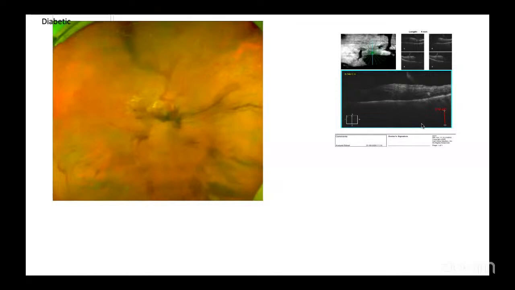The obscuration is due to? Edema of the retina, possibly. How will edema obscure the disc? So what is blocking the disc? Why do you not see the disc? What is happening here? There could be a fibrovascular membrane.